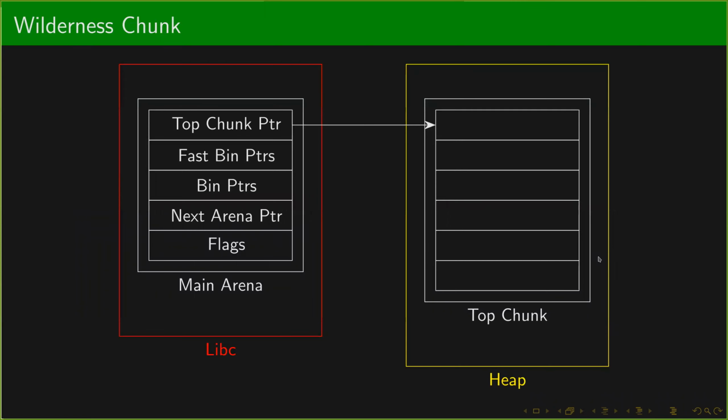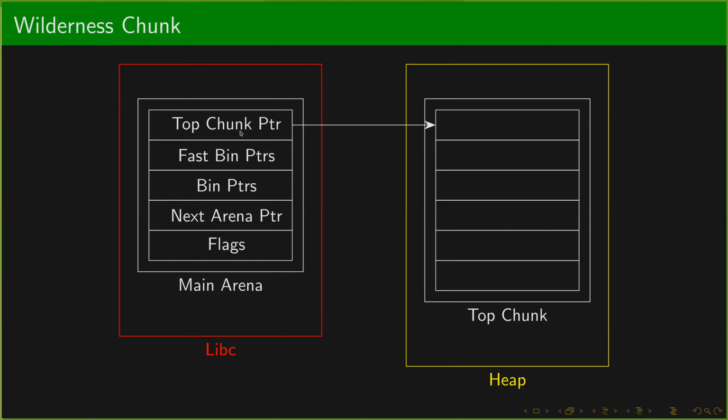Okay, so I just said that the arena isn't terribly important, but here I have a picture describing what it looks like. The main arena is just a struct. It has some pointers in it to various heap metadata things, and the important thing in this picture is that there's a pointer to the top chunk of the main arena.